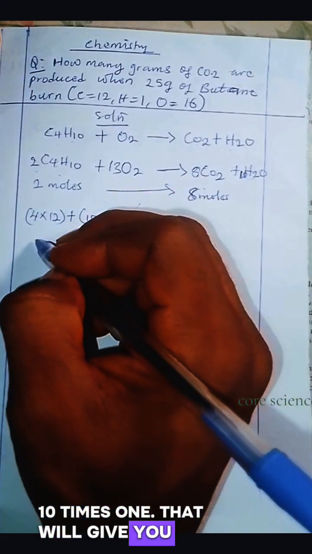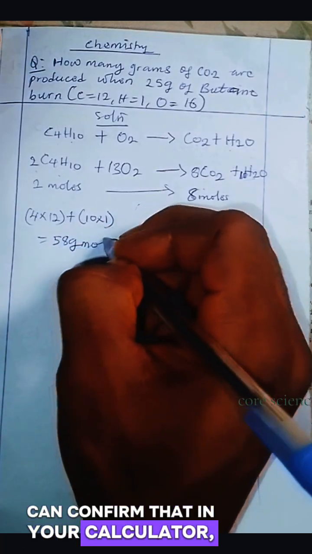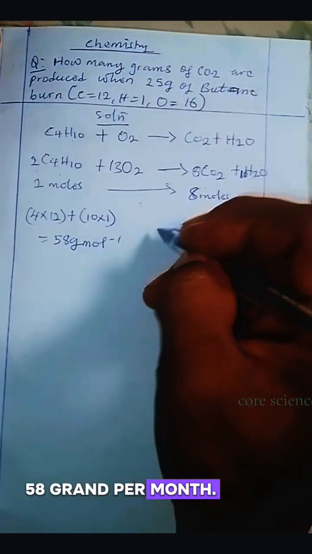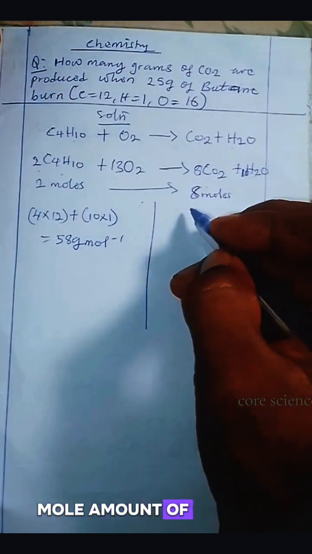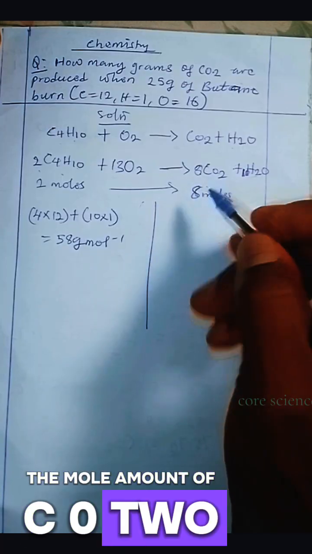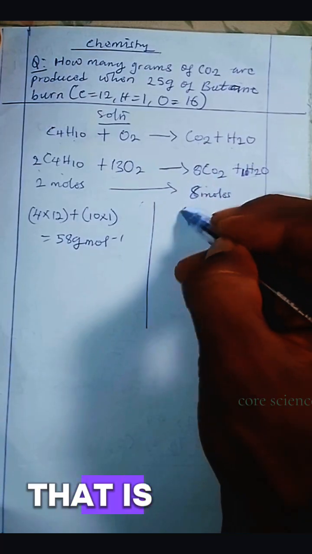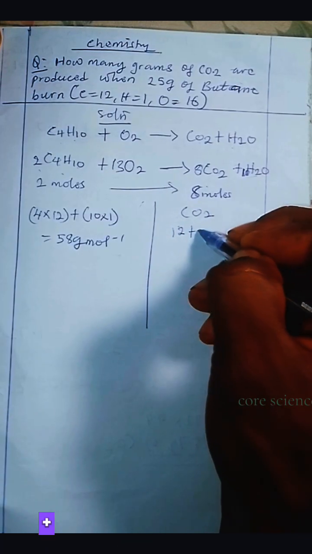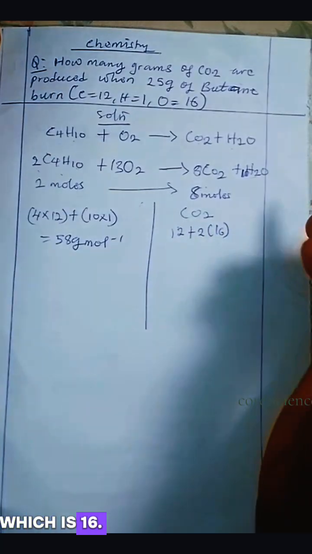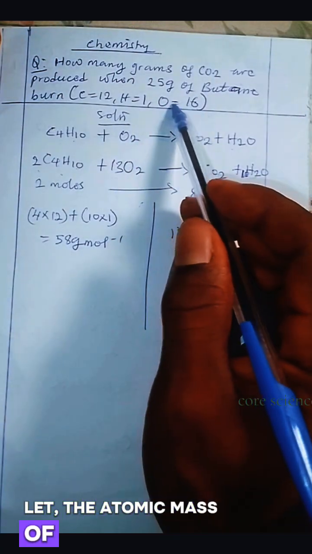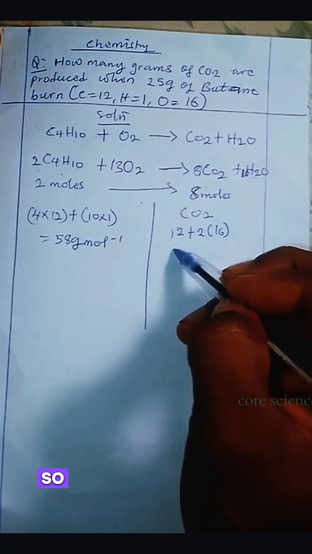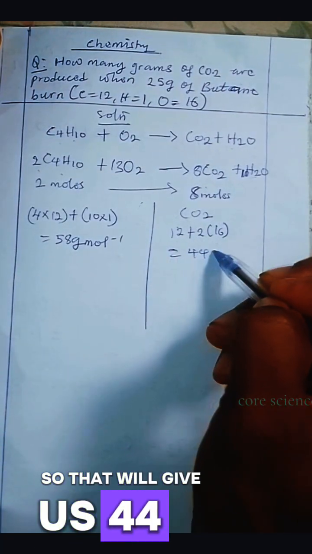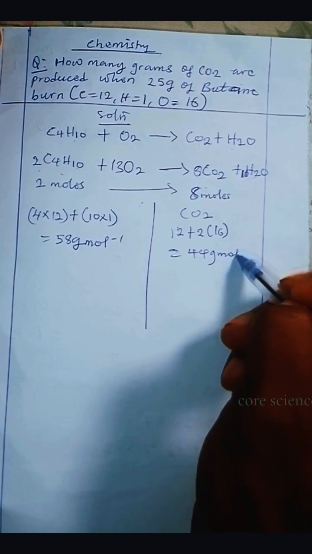That will give you 58. You can confirm that in your calculator. 58 gram per mole. So we also calculate the molar mass of CO2. The molar mass of CO2 will be carbon, which is 12, plus 2 times oxygen, which is 16. Remember the atomic mass of oxygen is 16. So that will give us 44 gram per mole.